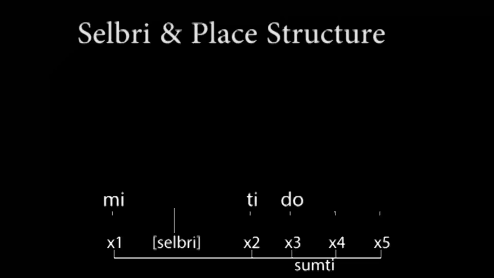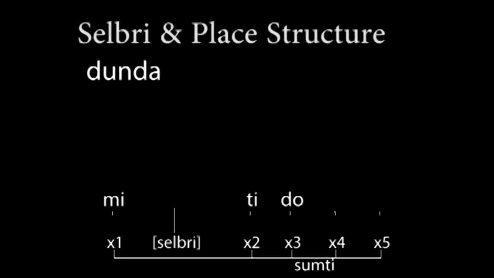The selbri's job as a director, then, is to tell the listener what role each of the sumti play in this statement. Each selbri word has a definition, or place structure, that defines the roles of the bridi. As an example, let's use dunda.